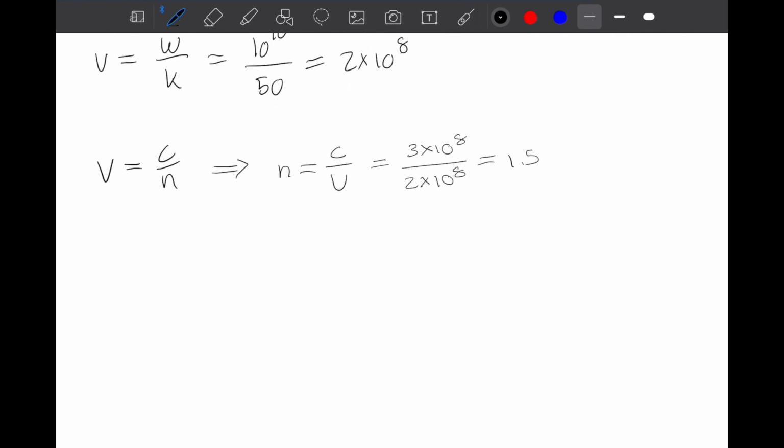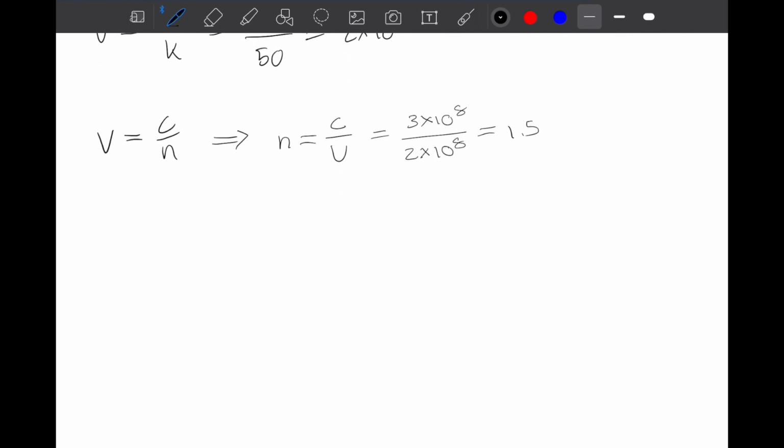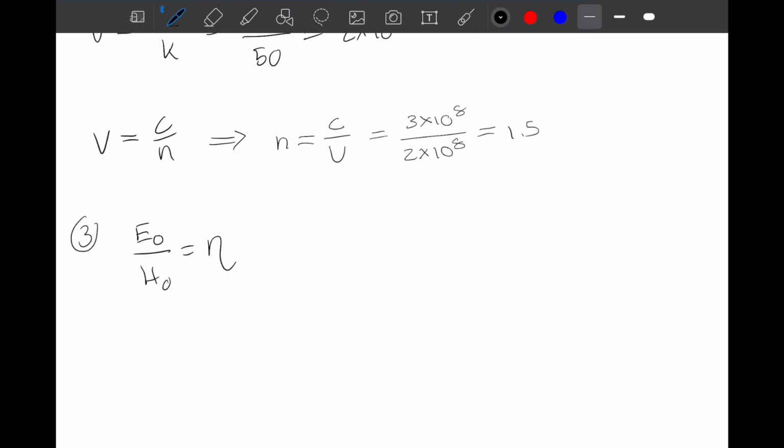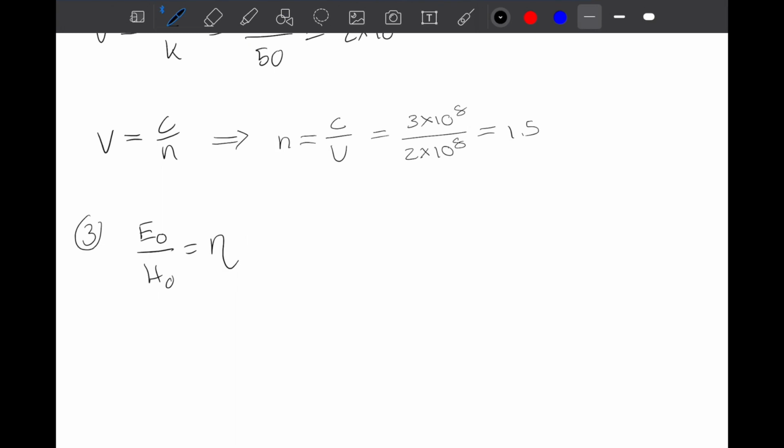For the final property of this 3-step method, the magnitude of this wave, the ratio of E over H, is equal to eta, which is our wave impedance. Since we want to find our electric field, we can rewrite this as E naught equals eta times H naught.